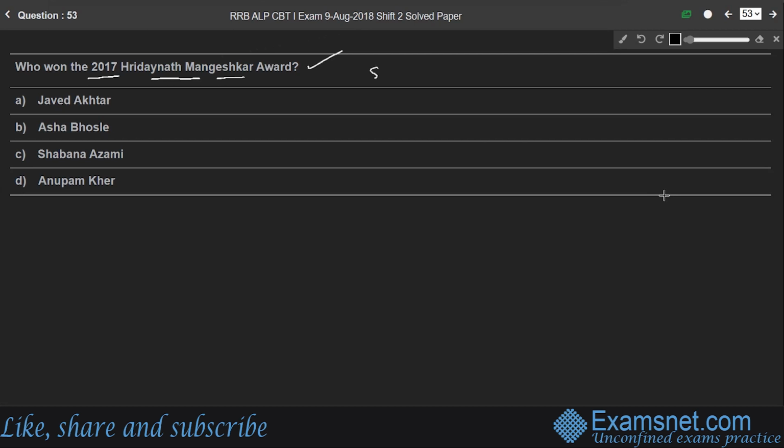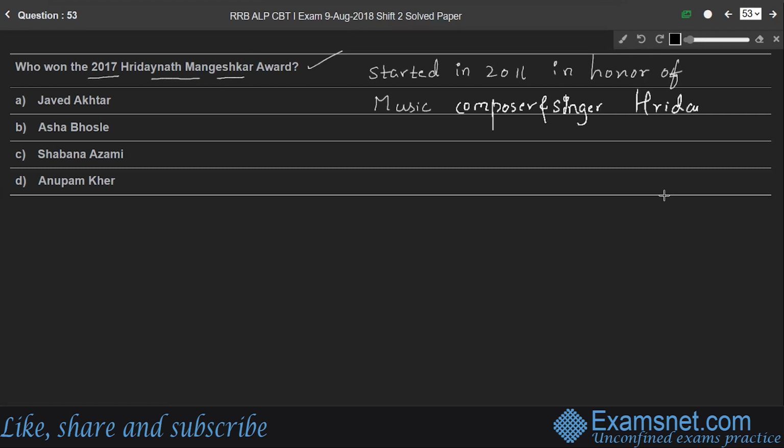So it started in 2011 in honor of music composer and singer also, Hridaynath Mangeshkar.